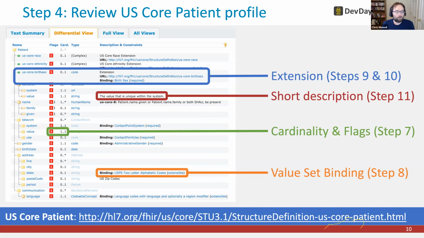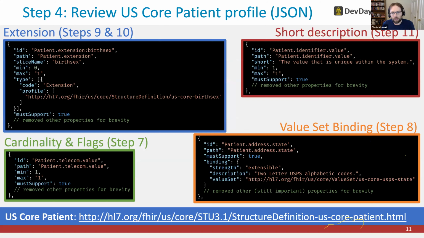Now, this is the human-readable view of the profile. But on this slide, I'm showing you the formal view of some of those aspects of the profile. So I've just called out those bits that I highlighted in the previous slide. This is what they look like in the formal structure definition JSON. I've removed some properties just to make sure everything fits, but this is what the IG Publisher looks at and what integrators will look at when they're trying to understand what your profiles are.